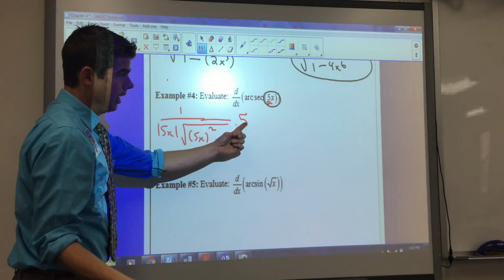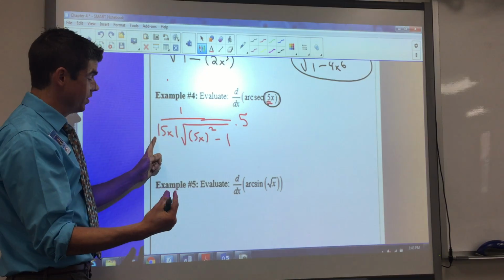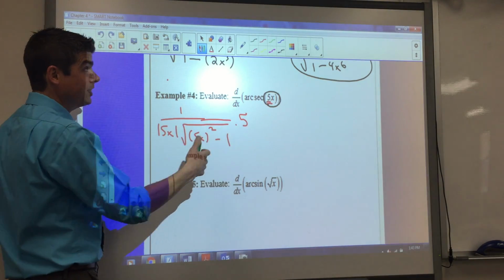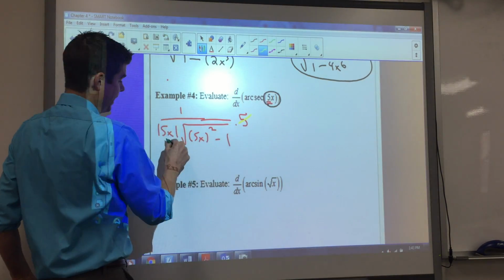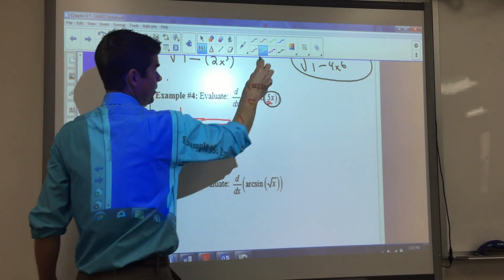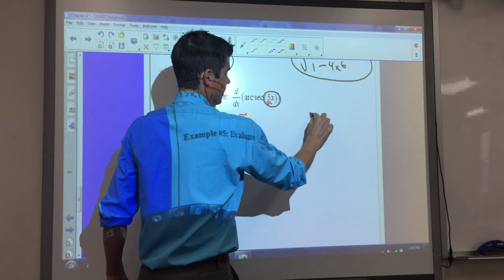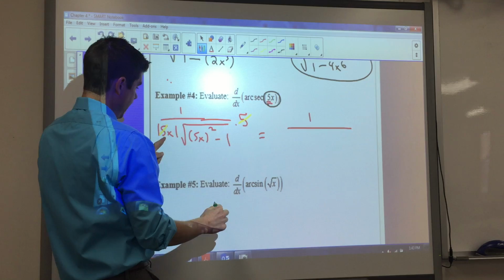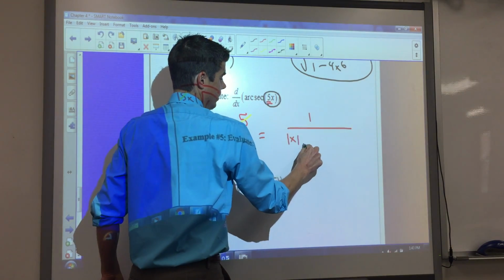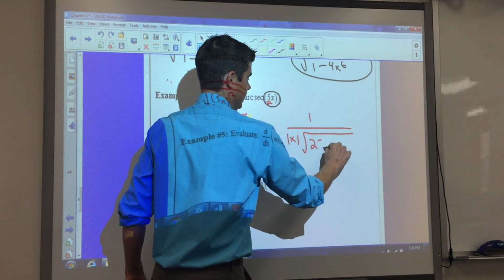Now 5 obviously is positive, and in this absolute value, this 5 as a positive number could be factored out, so I can actually cancel those. This 5 can cancel with that 5, but I have to keep that x in absolute value. So then my final simplified answer I could write as 1 over absolute value of x times the square root of 25x squared minus 1.